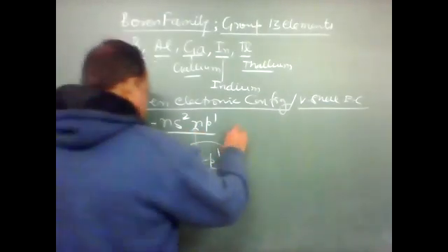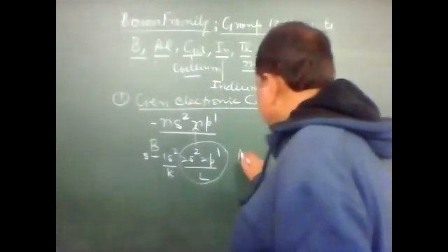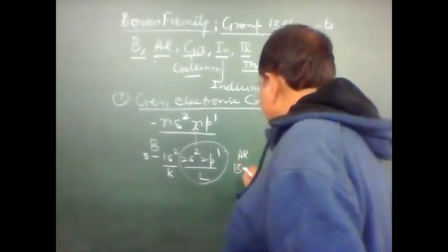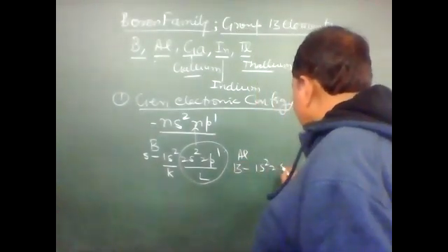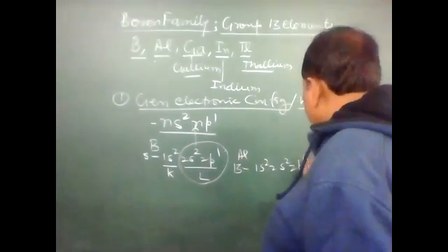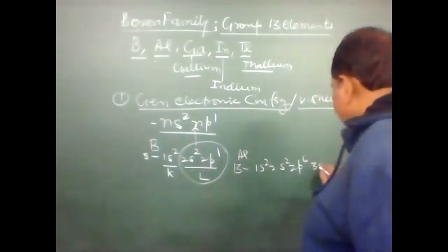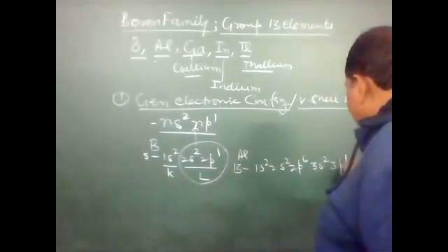Similarly, in the case of aluminium, atomic number 13, the configuration is 1s2, 2s2, 2p6, 3s2 and 3p1.